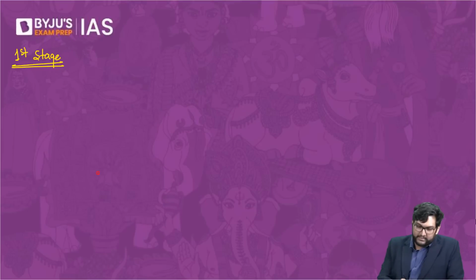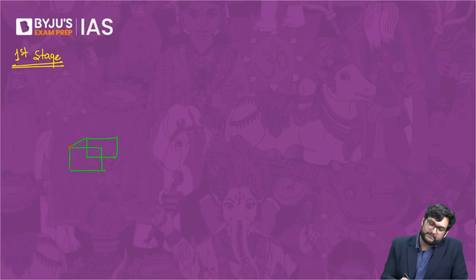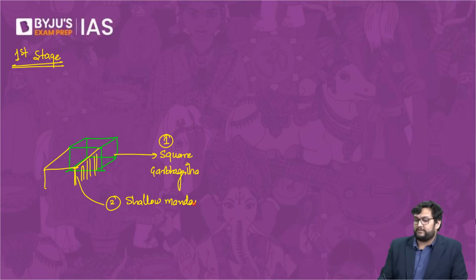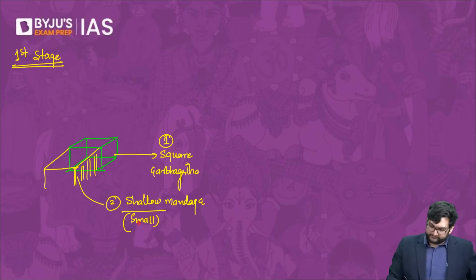First stage is when we see that two basic components emerge. One is the square Garbhagriha and the second is a shallow mandap. Shallow means not very big, small. And what are the components missing here? Three major components are missing here.